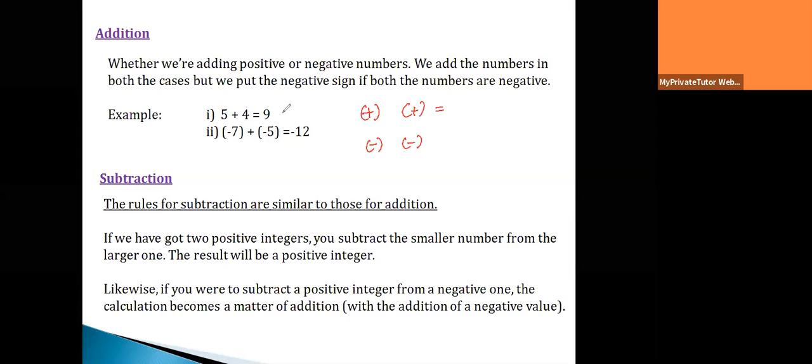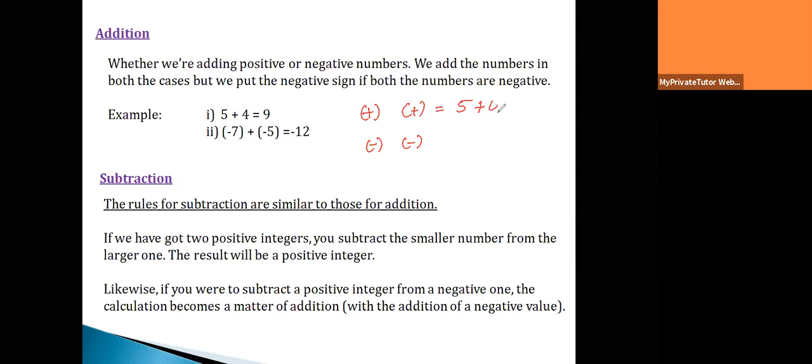For example, in the first question, plus 5 plus 4, both are positive numbers, so the answer is positive. In the second one, both are negative: minus 7 and minus 5. We are adding both negative numbers, so 7 plus 5 is 12. Since both are negative, we put a negative sign in front of that.